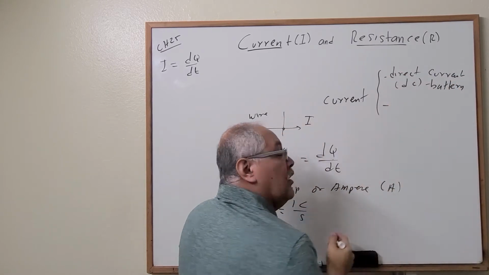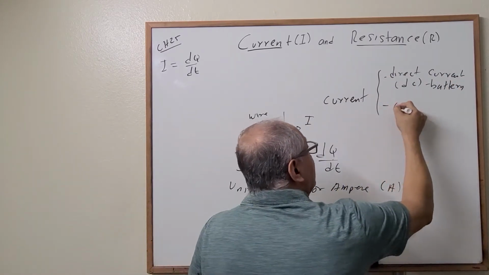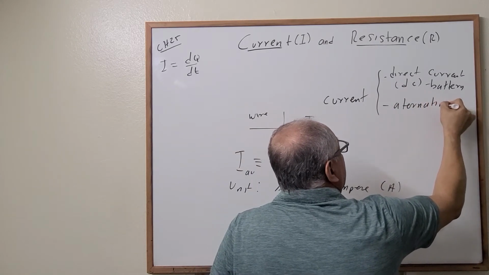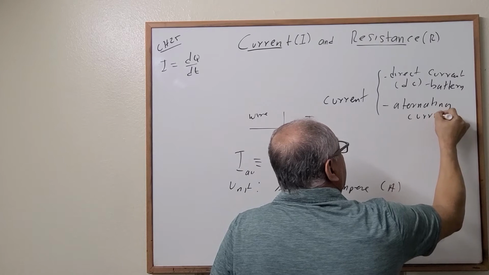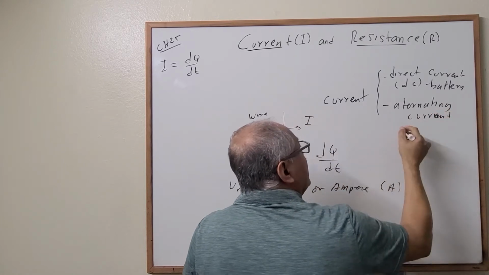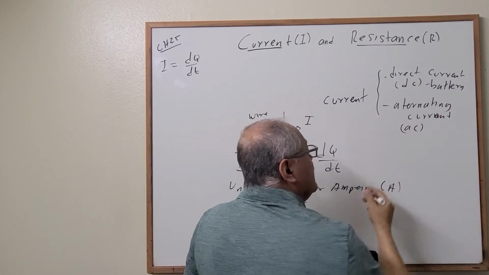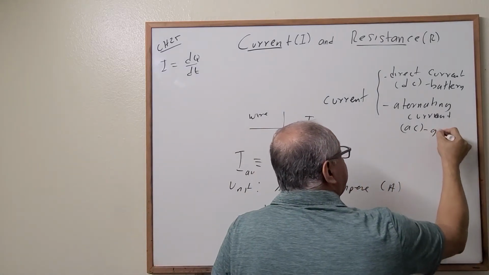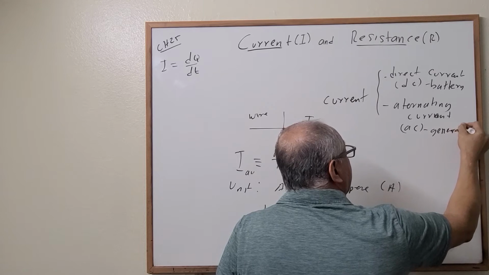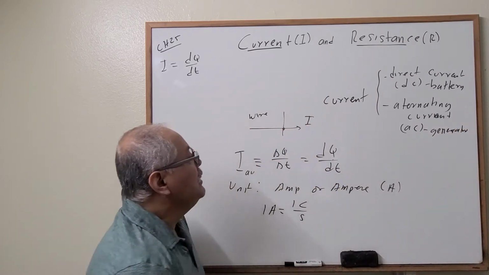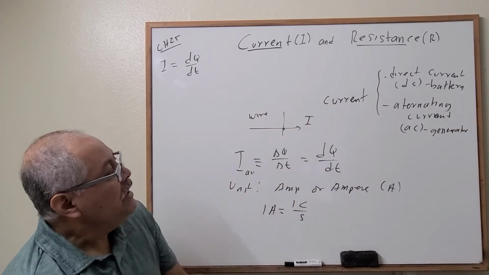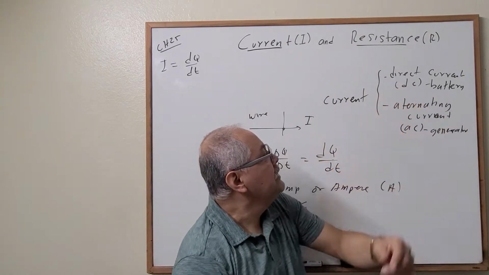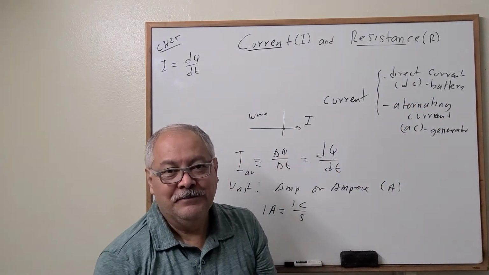And we have the alternating current, AC, and the source is the generator. At the beginning, we start with the direct current using batteries.